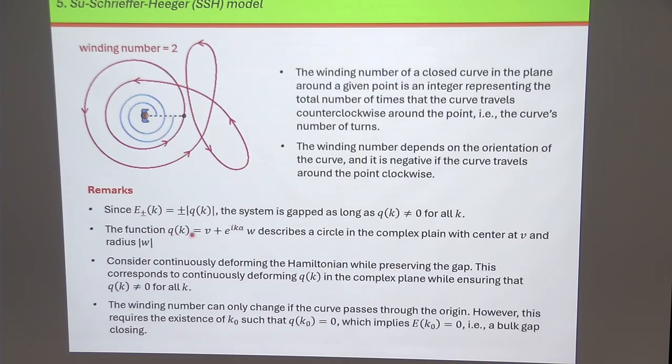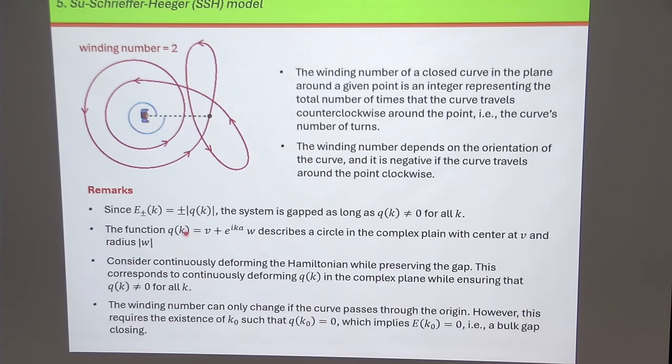So this is a complex function, because if you look at this Q on this complex plane, it's going to give you a closed loop. Why? Well, because K goes from minus pi over a to pi over a, the Brillouin zone, and they match.